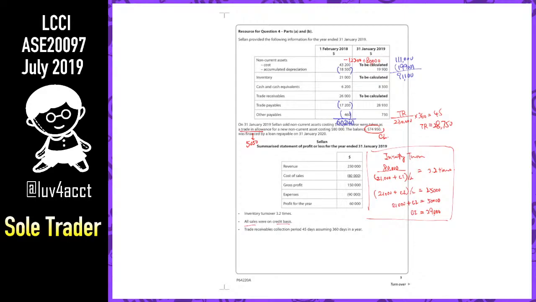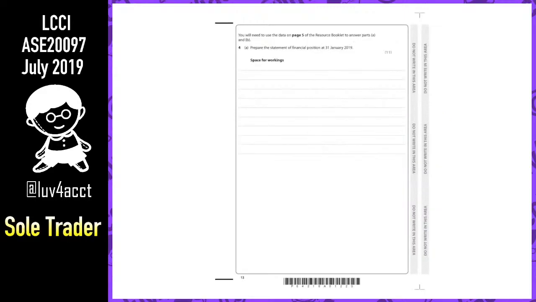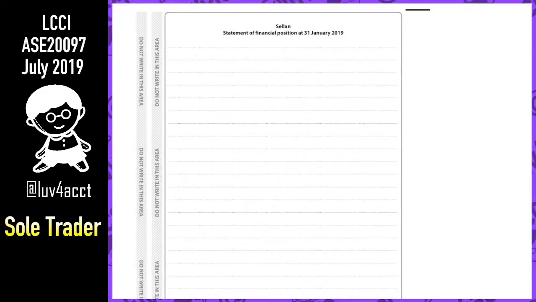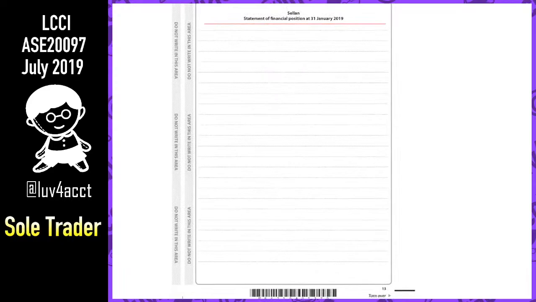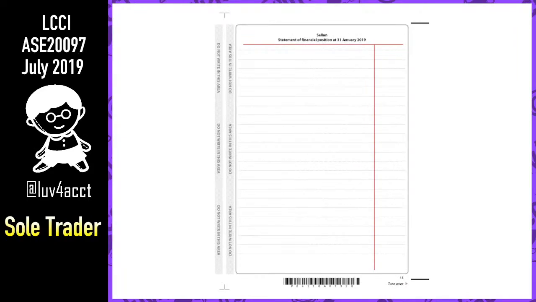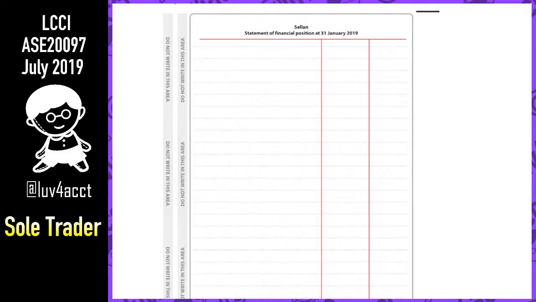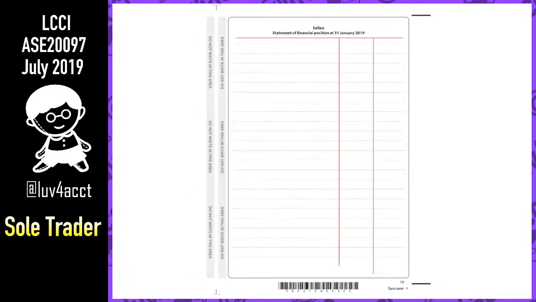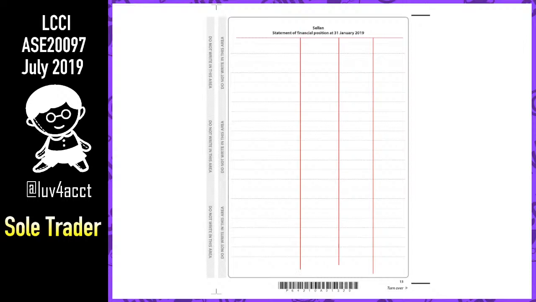Let us start. This is just for workings, we don't need it. Let us make it 3 lines. I always like to show the cost, accumulated depreciation, and carrying value.